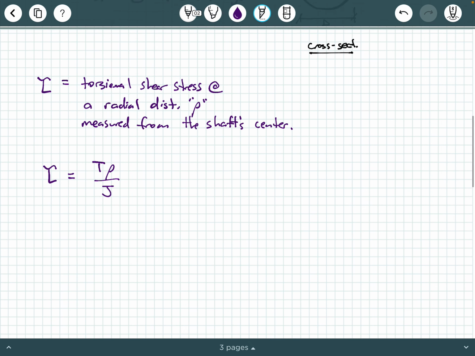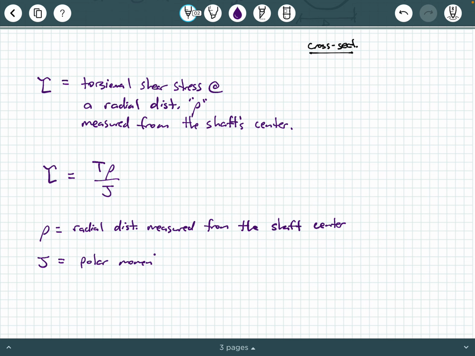So let's write this down. Rho is our radial distance measured from the shaft center. J is what we call the polar moment of inertia of the cross section.